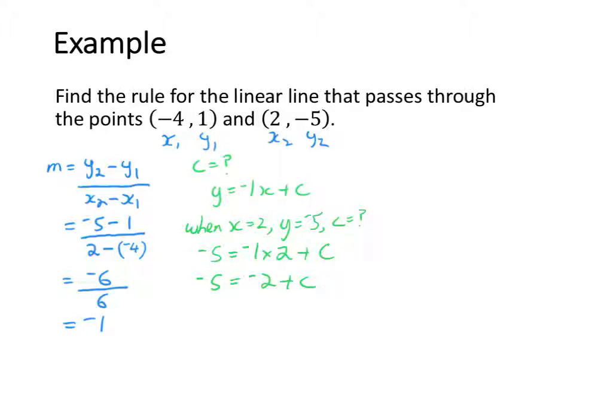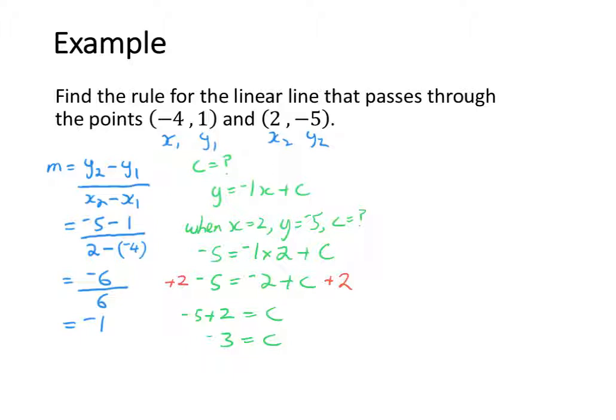The opposite of adding -2 is going to be adding +2. So what I do to the right-hand side, I do to the left-hand side. So my equation becomes -5 plus 2 is equal to c. So -5 plus 2 is equal to -3. So my y-intercept is going to equal -3.